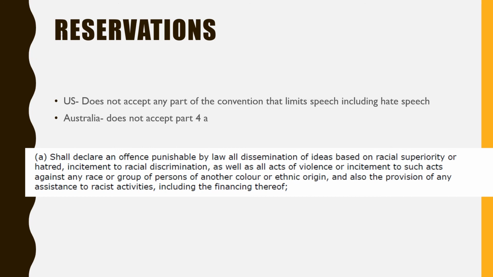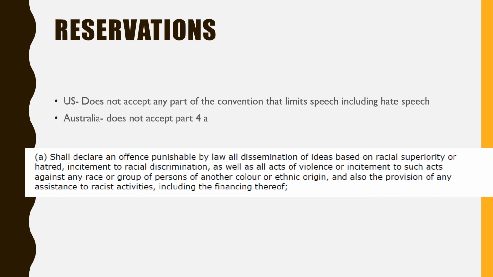Now, in the Racial Discrimination Act, we have anti-vilification laws, which means that it is an offence to incite violence based on race. However, it could possibly be argued that political parties like One Nation are racist and promote racist activities, and One Nation gets financing from the government because they win votes.